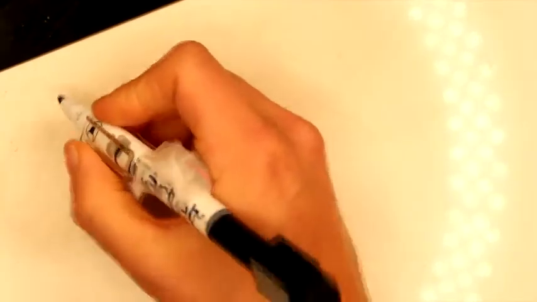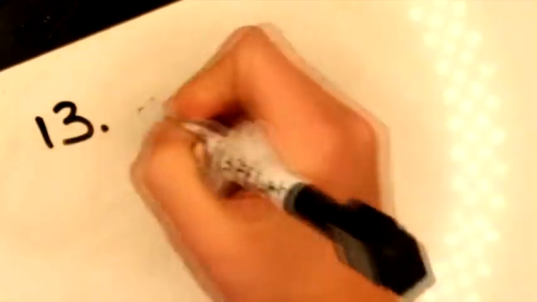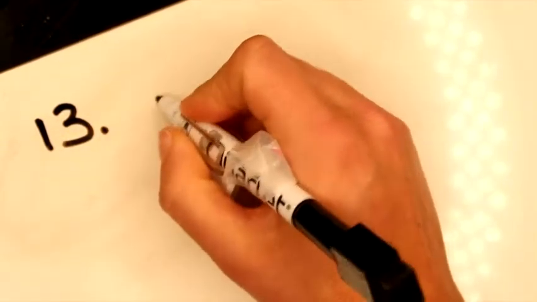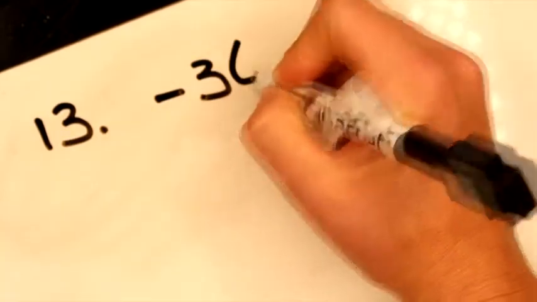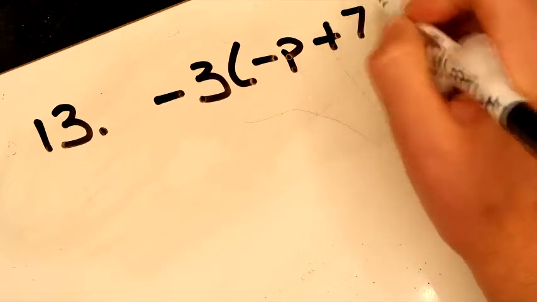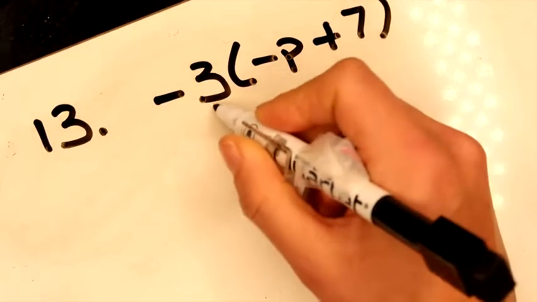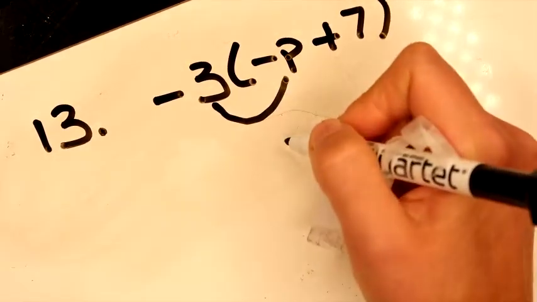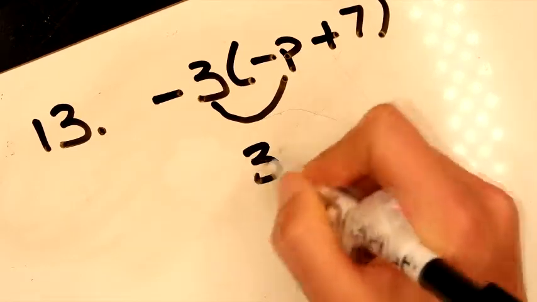Again, I'm going to erase. Oh no, it's starting to get that marker smog. Okay, 13. Negative 3 times (negative p plus 7). Distribute, positive 3p.